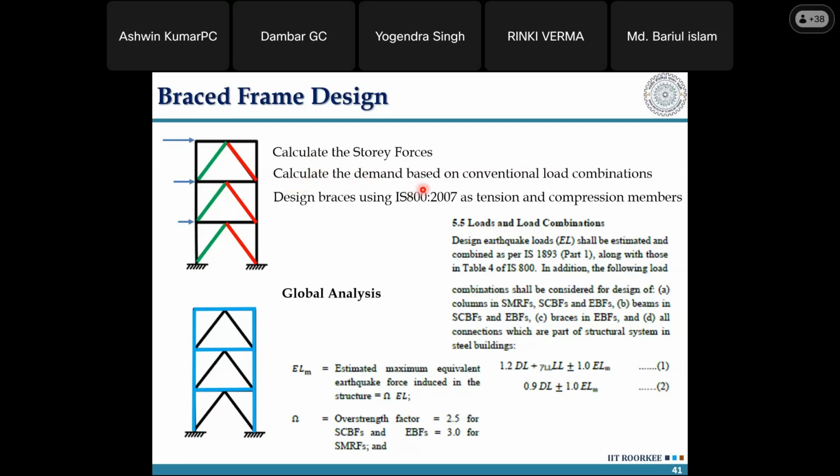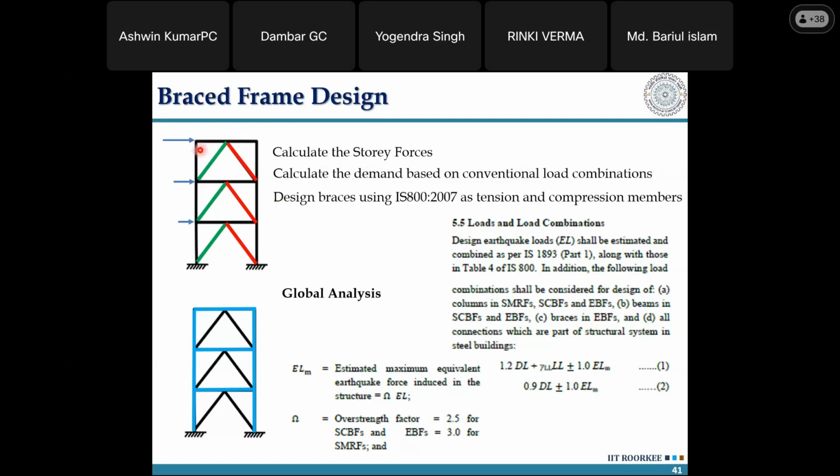Then you will calculate the demand as per conventional load combination, which is like 1.5 dead load plus 1.5 live load plus 1.5 earthquake load. You will find out the forces in the members, right? There are different combinations, I'm just talking about the basic combination that is given normally, right?